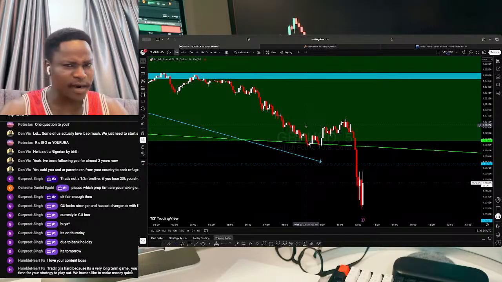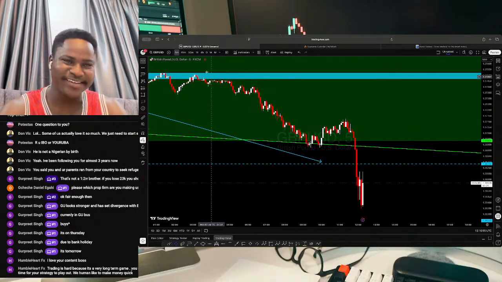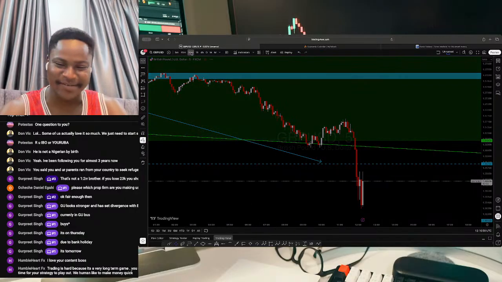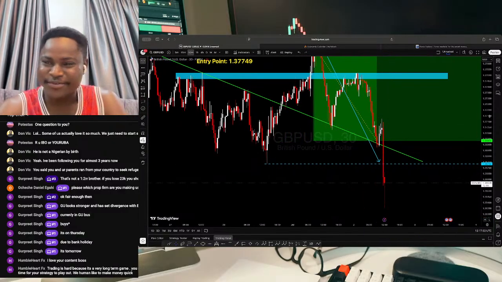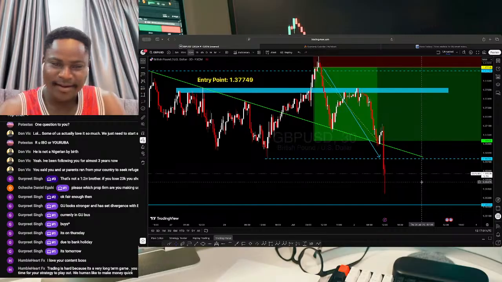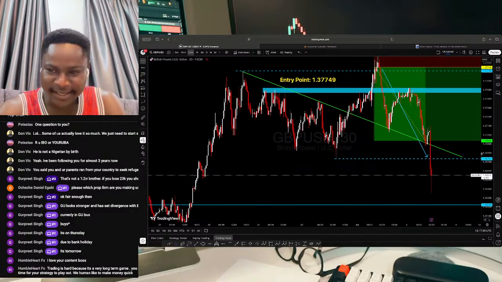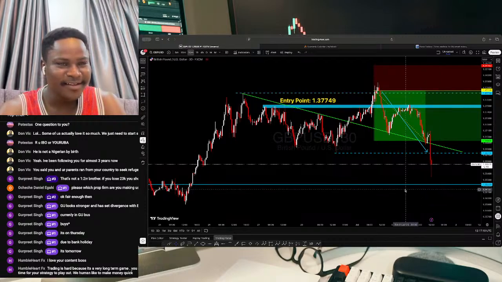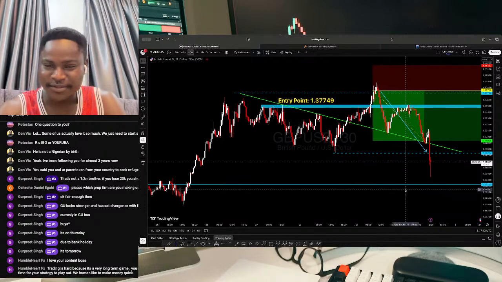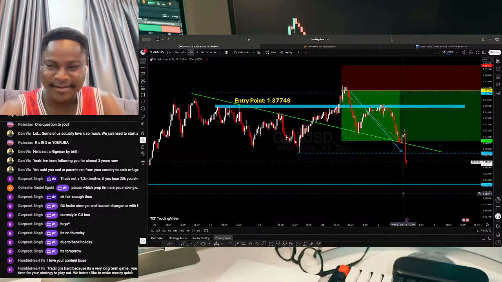Oh, what happened? Man, there's manipulation going on in the market right now. GBPUSD is selling? That's serious. This is GU. Why selling?